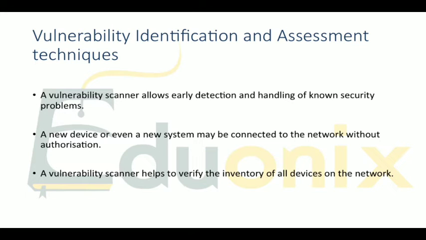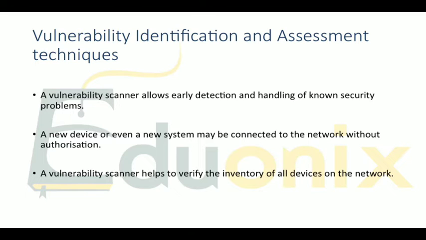So a vulnerability scanner allows for early detection and handling of known security problems. By employing ongoing security assessments using vulnerability scanners, it's easy to identify security vulnerabilities that may be present in the network from both the internal and the external perspective.